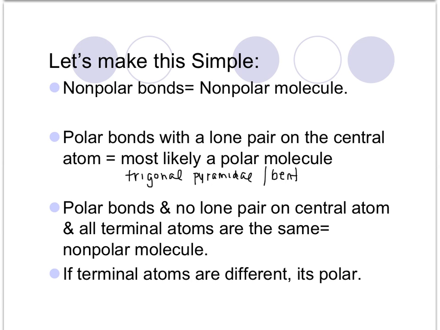Polar bonds and no lone pair on the central atom, those would be the shapes of linear, trigonal planar, and tetrahedral. As long as all the terminal atoms are the same, they will make a nonpolar molecule. If any of the terminal atoms are different, then that will revert it to a polar molecule.